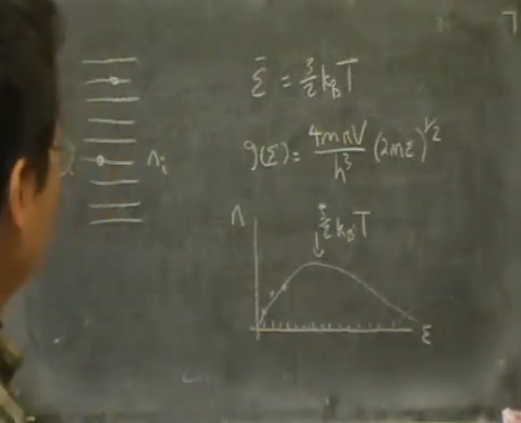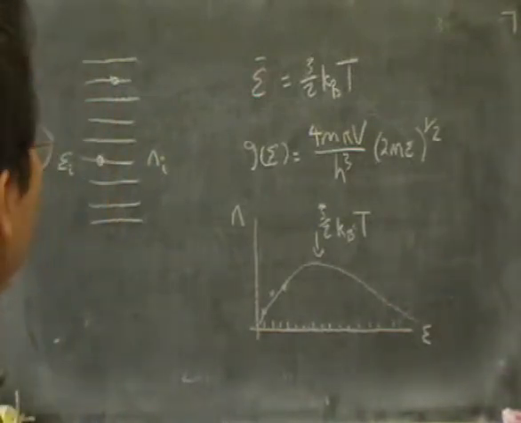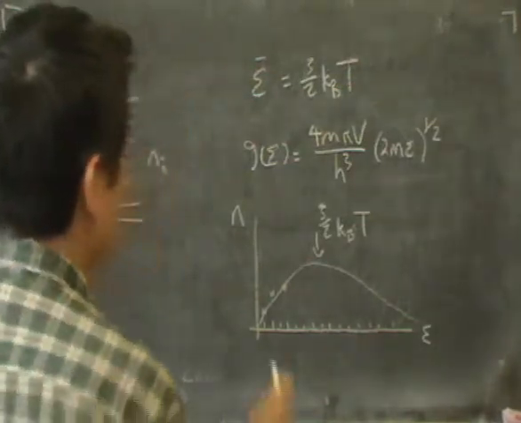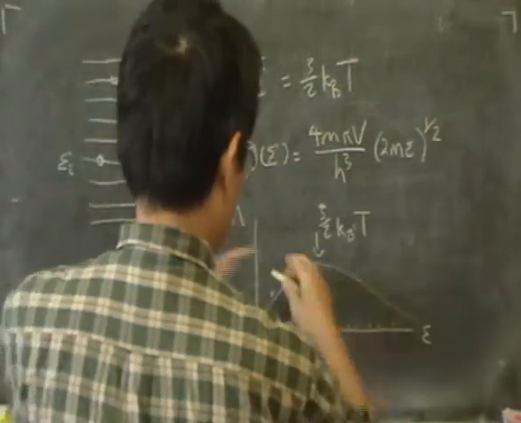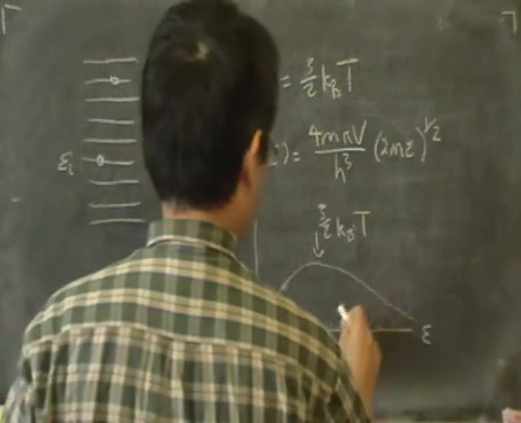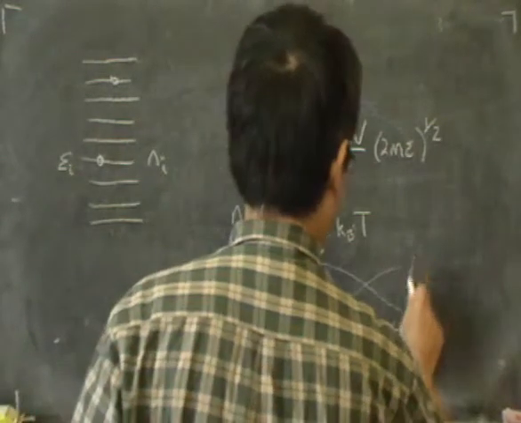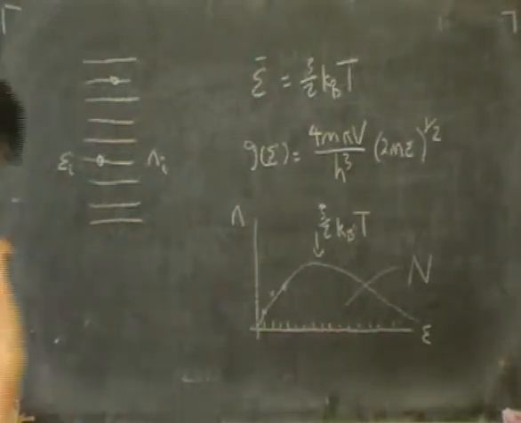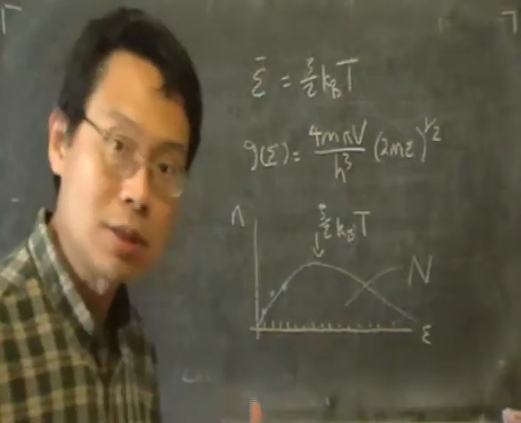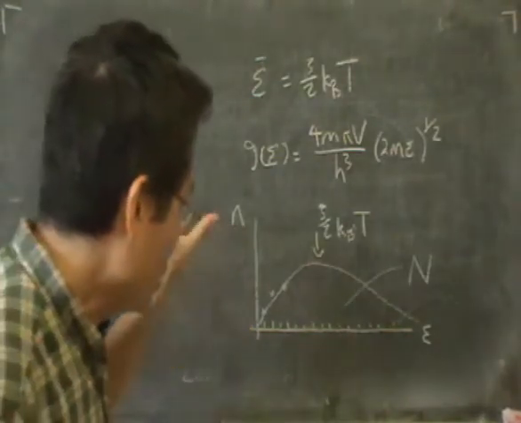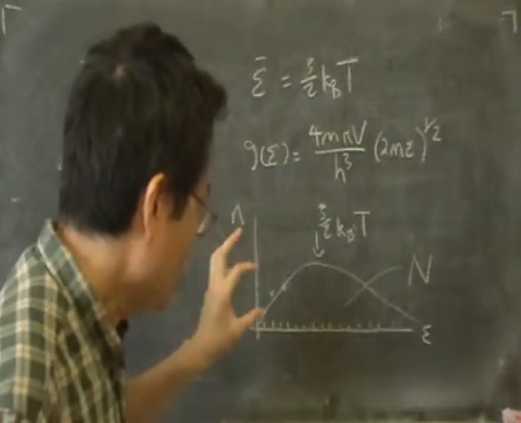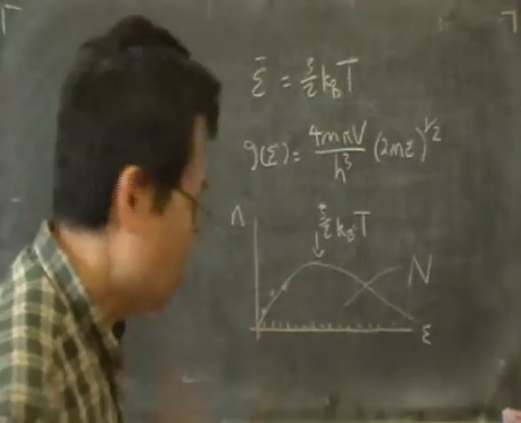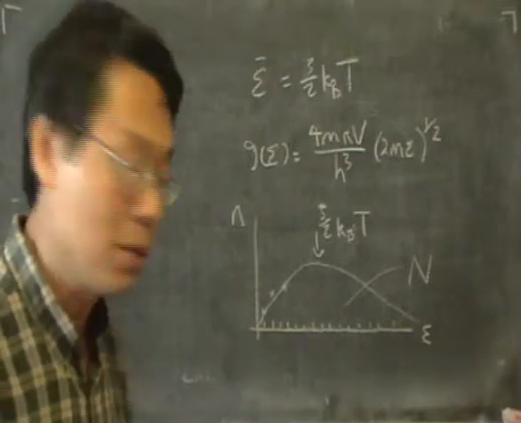Now what we could do is compare the number of particles, so that the total number of particles in this distribution would be N. Say N is the total number of particles. What we want to do is to compare this number of particles with the energy states that are available.